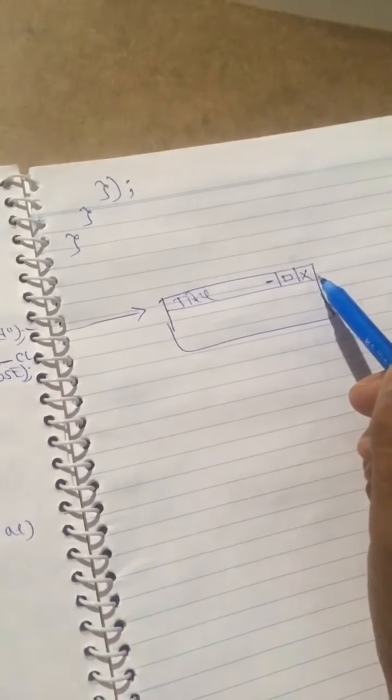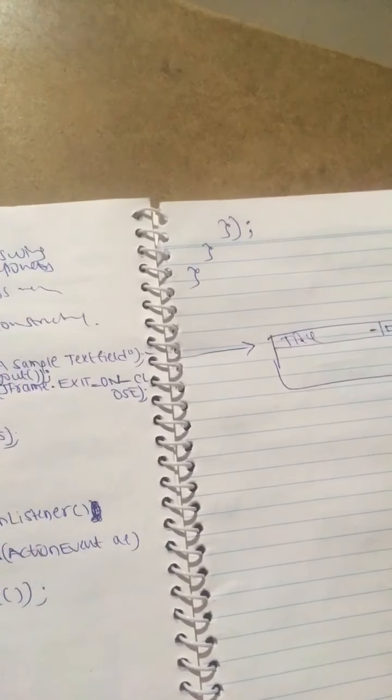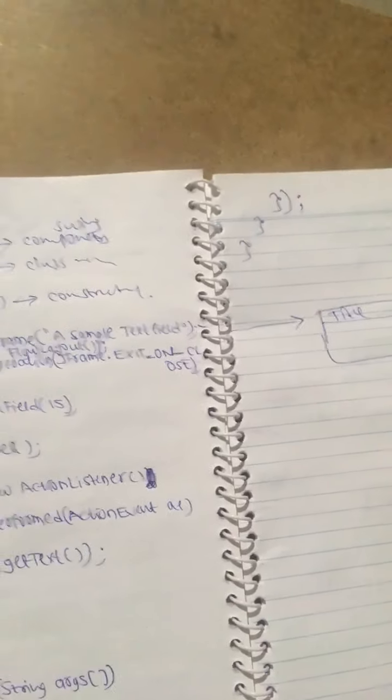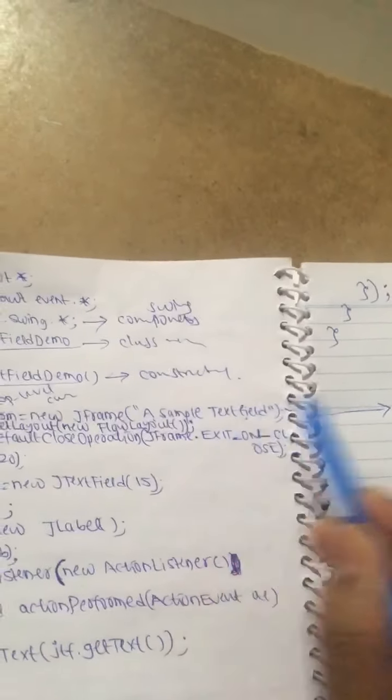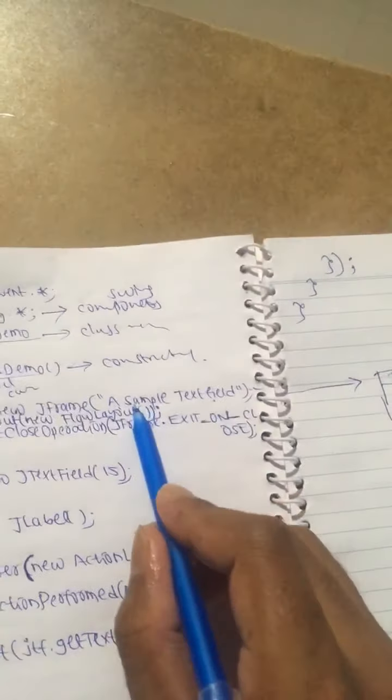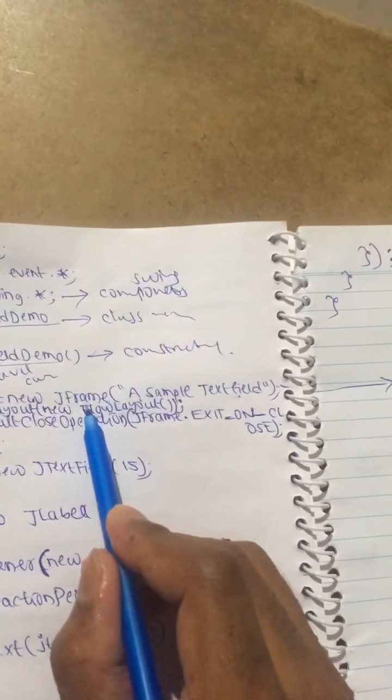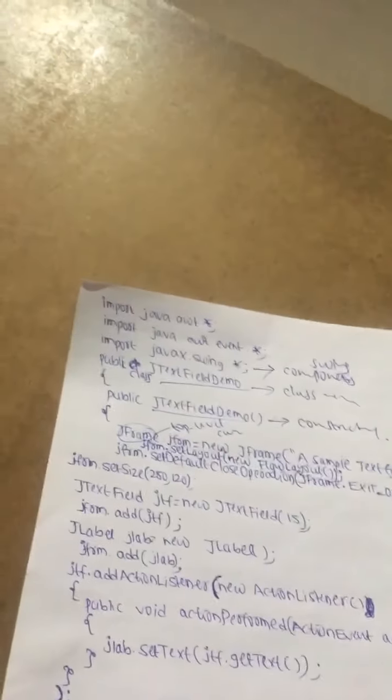The title is "A Sample Text Field", which will be displayed as the title. Here we are passing this string to the JFrame constructor.